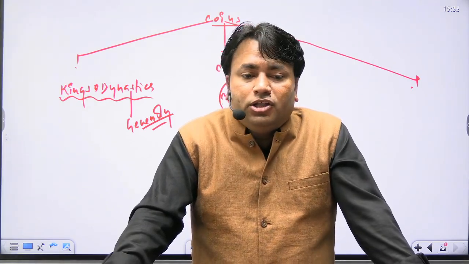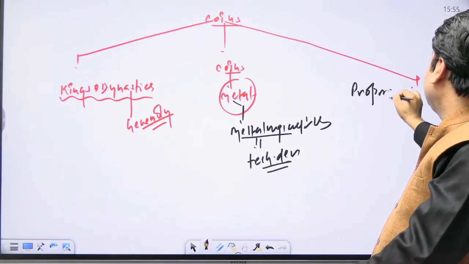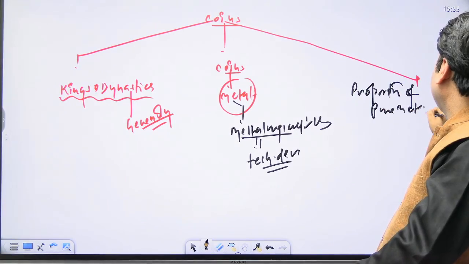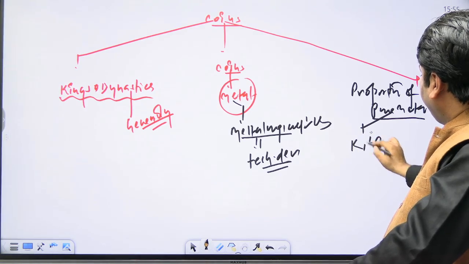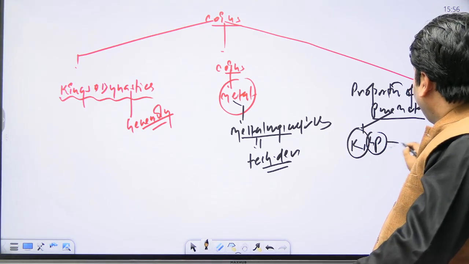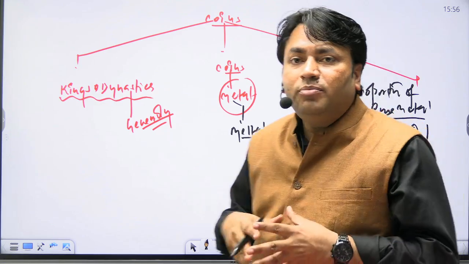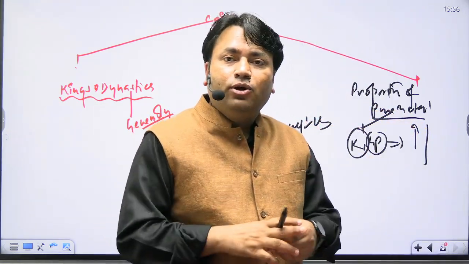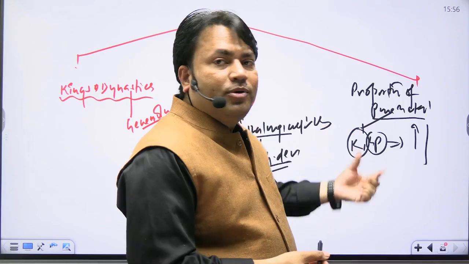Now, the proportion of pure metals in the coins also gives us an important idea. For example, during the Kushana and Gupta periods, the gold content in the gold coins is very high. This shows the economic prosperity during this period.